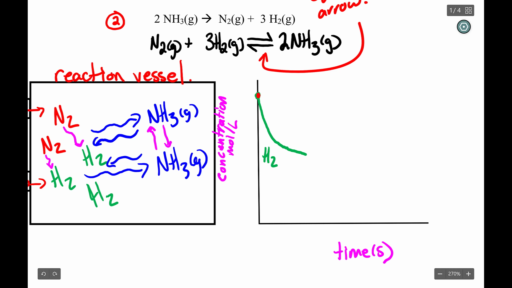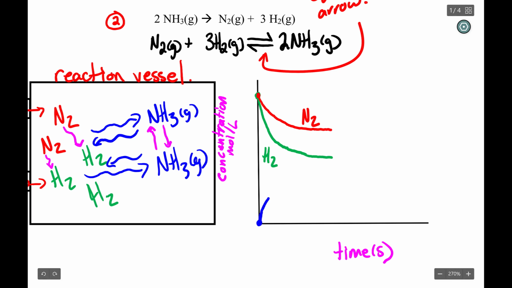So it starts with a high concentration. Its concentration starts to decrease as it reacts with hydrogen because it's being used up to make ammonia, and eventually it will flatten out. Now, at the same time, if I'm making ammonia, I start with none, but I rapidly start to make ammonia because there's so much nitrogen and hydrogen, they're going to react a lot.